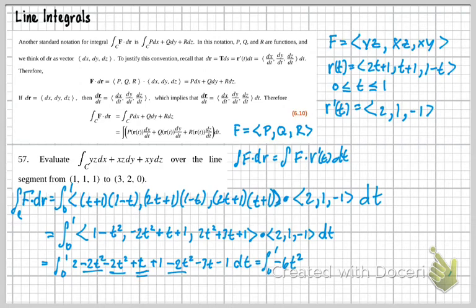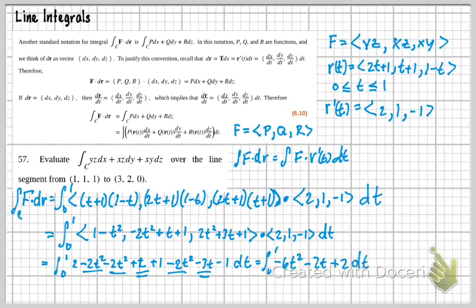Then I have my t's. I have 1t positive and negative 3t's. So that's going to be a minus 2t. And then for the last one, my numbers, I can just see those. So ones cancel and I get a plus 2 dt.